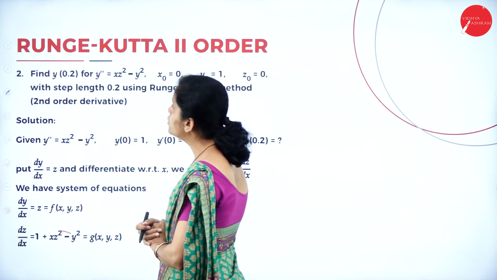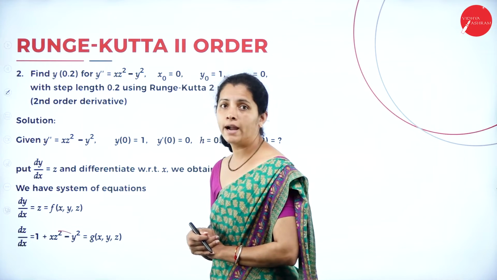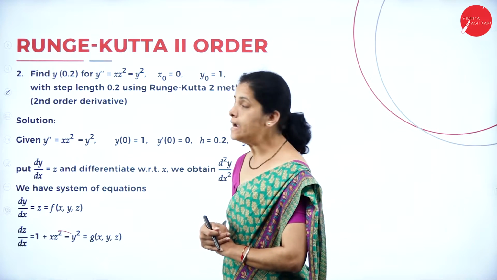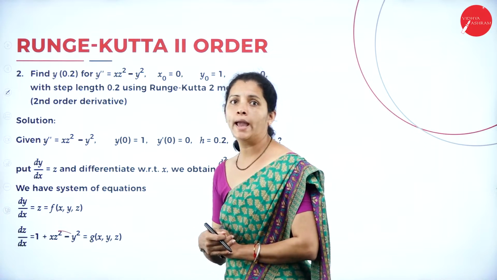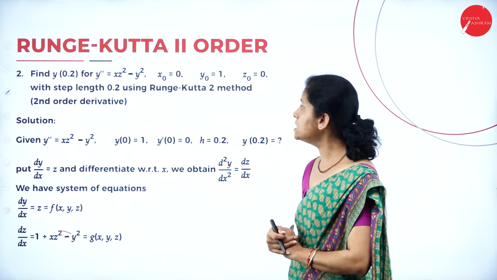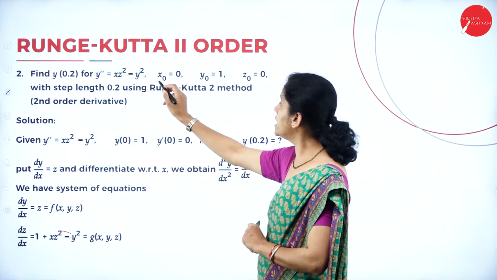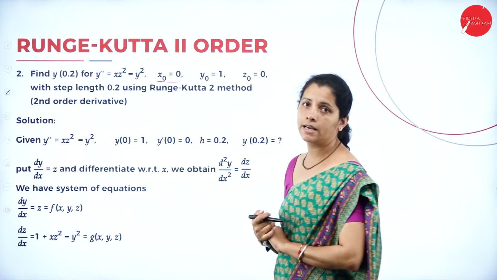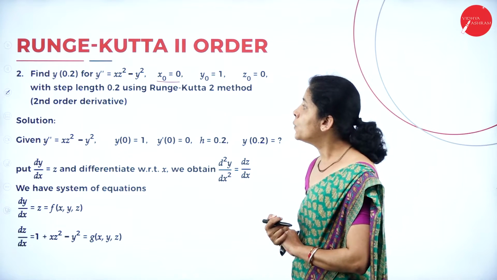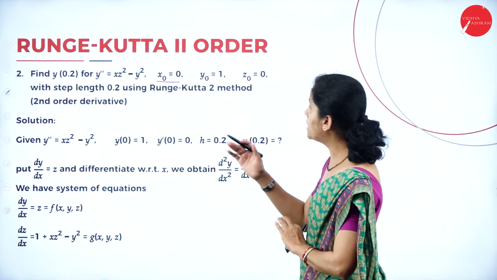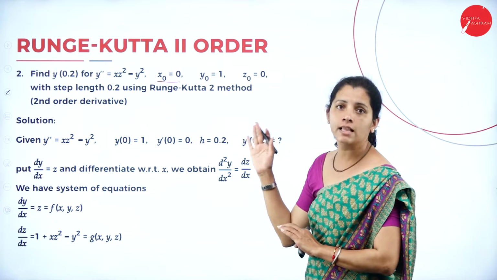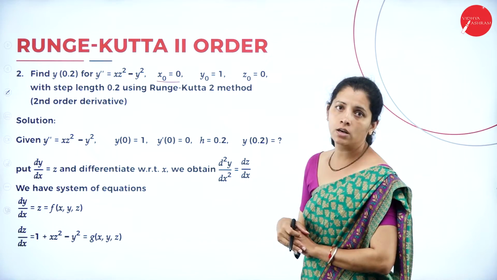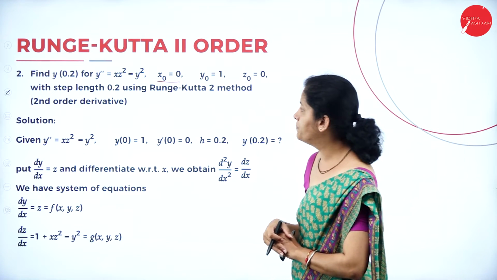Now, dear student, let me consider another example here. Find y of 0.2 for y double dash equal to x z square minus y square, where given x naught is 0, y naught is 1 and z naught is 0, with step length. What is h here? h is nothing but 0.2 and I want to use Runge-Kutta order 2.